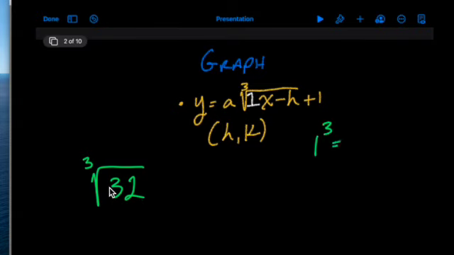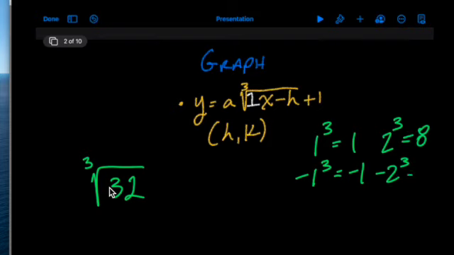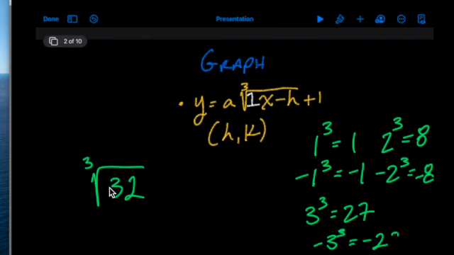We have 1 cubed equals 1, negative 1 cubed equals negative 1, 2 cubed equals 8, negative 2 cubed equals negative 8, 3 cubed equals 27, and negative 3 cubed equals negative 27. Now it turns out when we're graphing, the 27 is just too big to work with. So we're going to focus on 1s, negative 1s, 8s, and negative 8s as we graph. Let me show you what I mean.